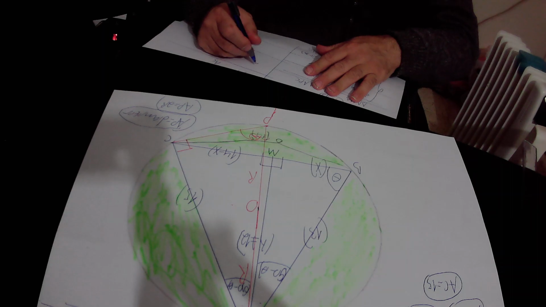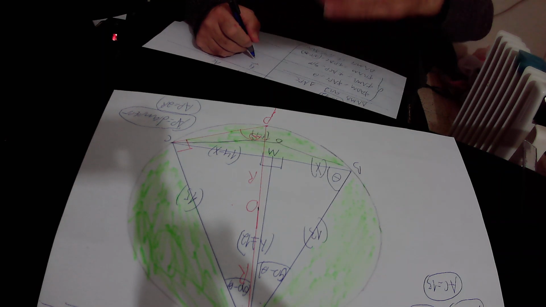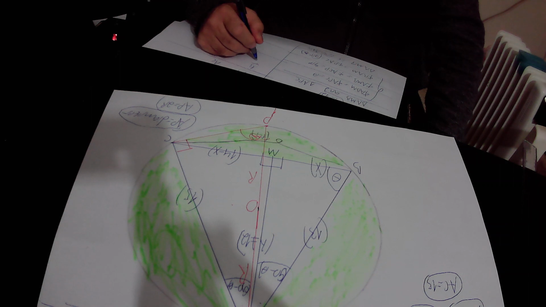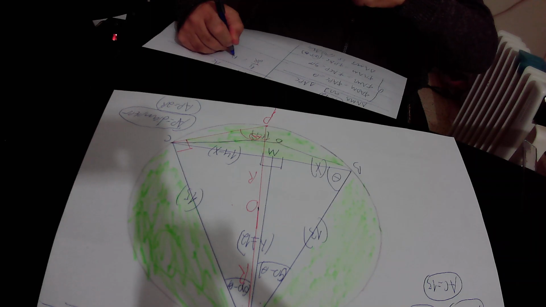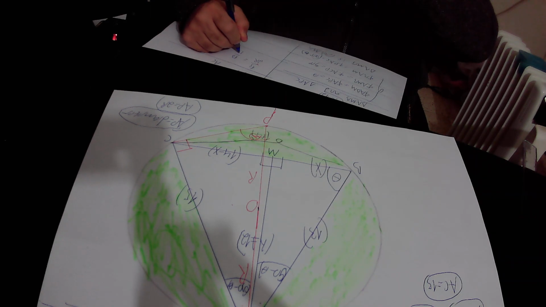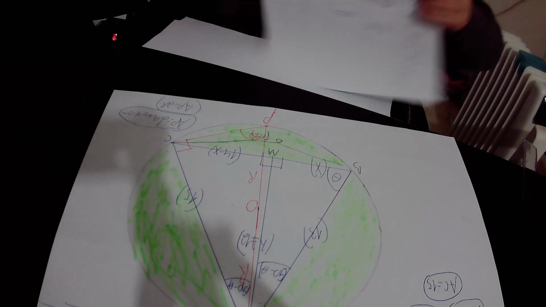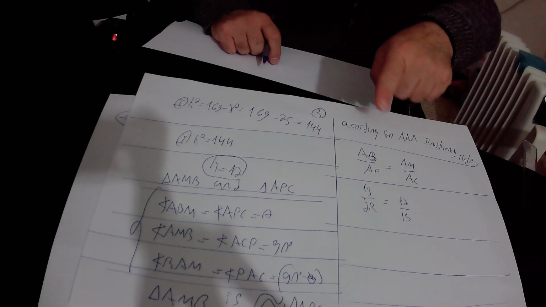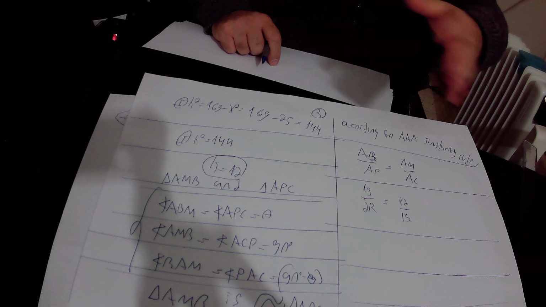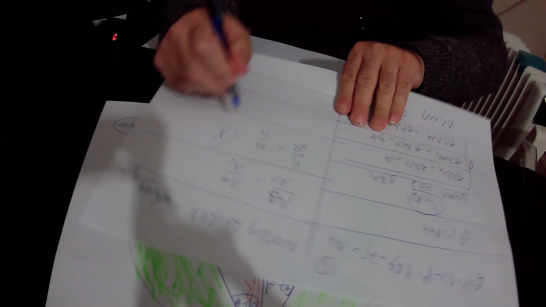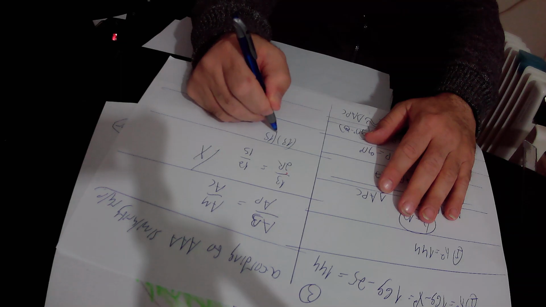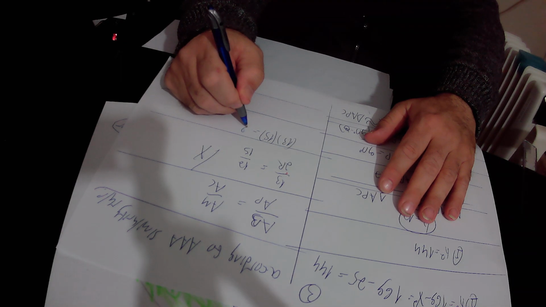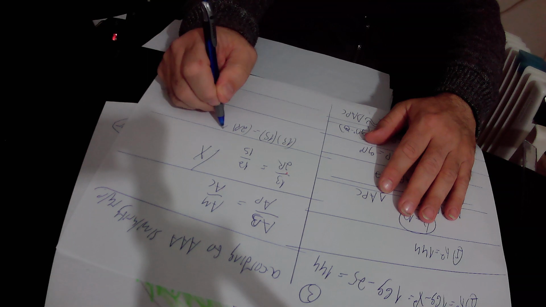AB equals 13 units in length. AP is the diameter of the circle, that is equal to 2R. AM is 12, and AC is 15. So we found that 13 over 2R equals 12 over 15. Here we cross multiply this equation, and we get that 13 times 15 equals 2R times 12.